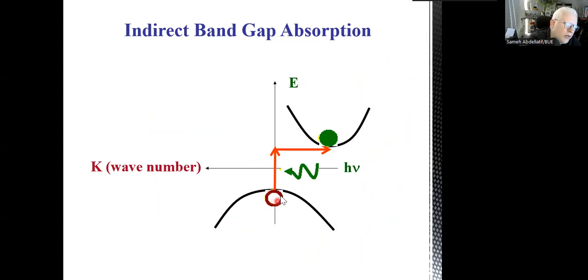The first step is that this electron will capture the 1.5 electron volts. But it will find that it only needs 1.12 electron volt to jump from this state to this state. What should be done with the remaining energy?